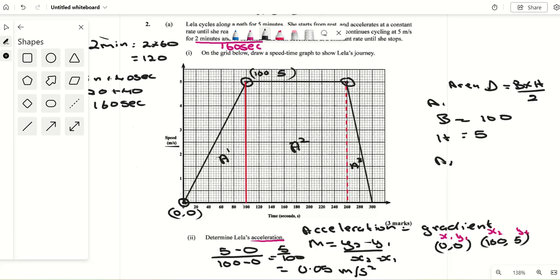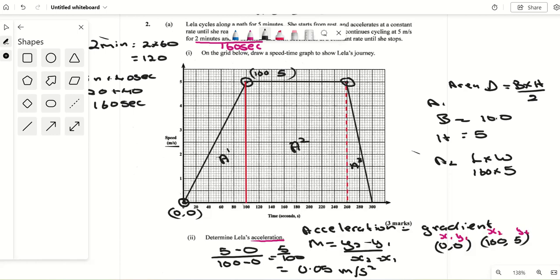For A2, we can see that's a rectangle. Length by width: your width is 5, but your length is from 100 to 260, which is 160.